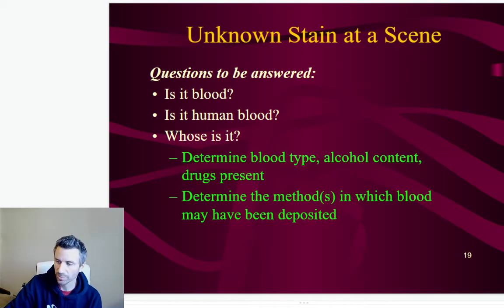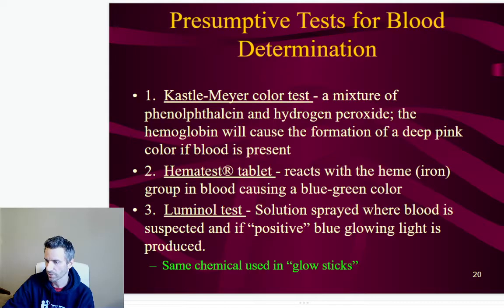So the questions come down to: is it blood in the first place? Is it fake blood? Those are fairly simple tests. The alcohol content, is it human blood? Whose blood is it? There are a few different tests that can be done on blood. The Kastle-Meyer color test is a mixture of phenolphthalein and hydrogen peroxide, and the hemoglobin will cause the blood to turn a pink color.